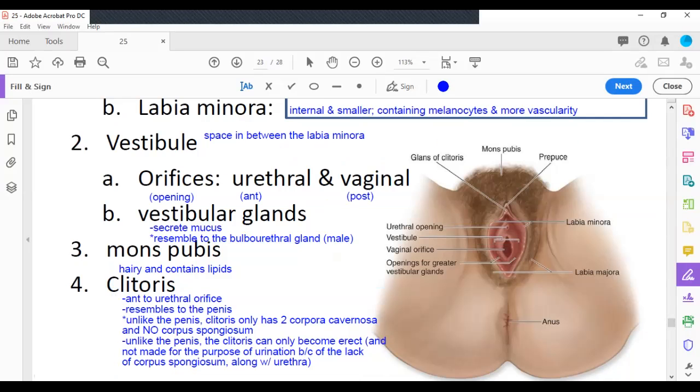So I want you to know that the clitoris is anterior to the urethral orifice and it resembles the penis in the male. Unlike the penis, the clitoris only has two corpora cavernosa and no corpus spongiosum, and it can only become erect and is not made for urination because it lacks the corpus spongiosum along with the urethra. All right, let's move on to the next slide.